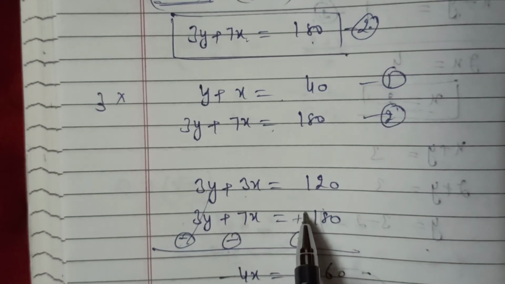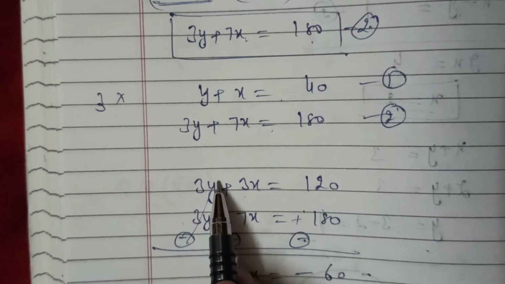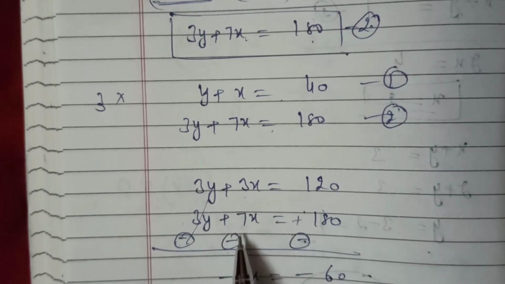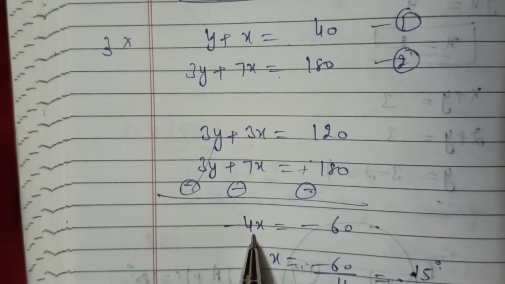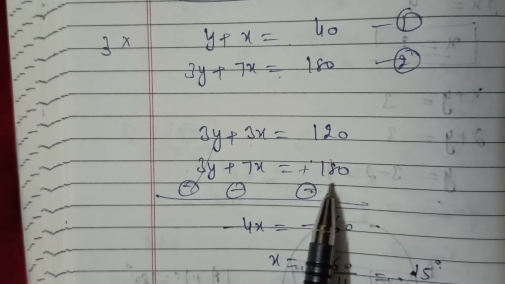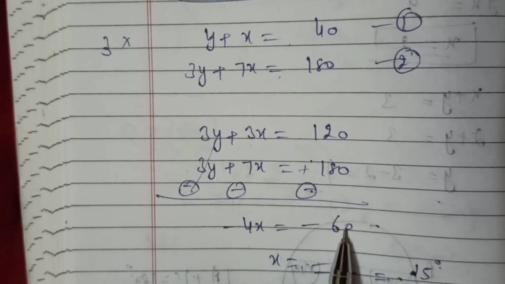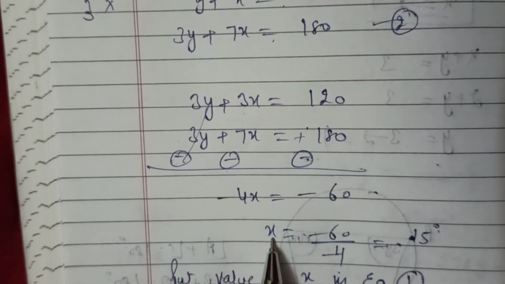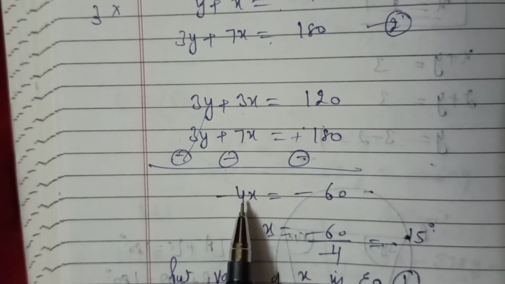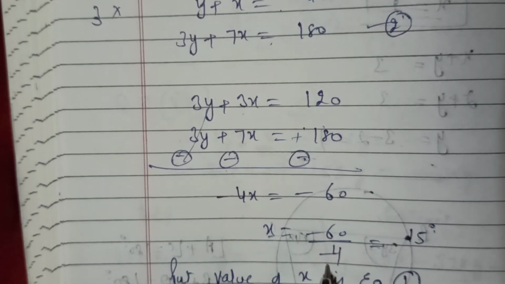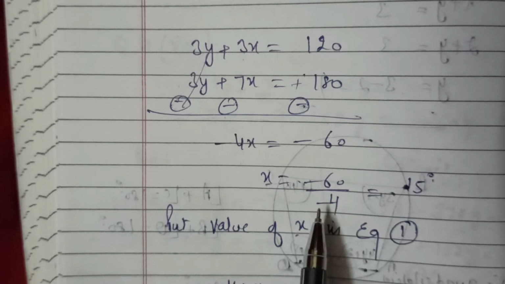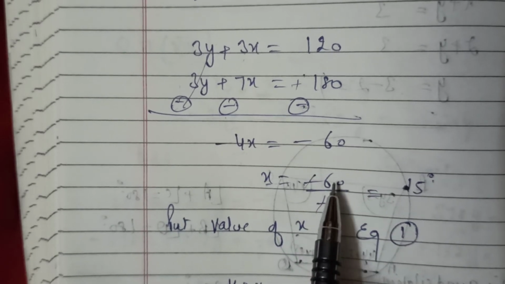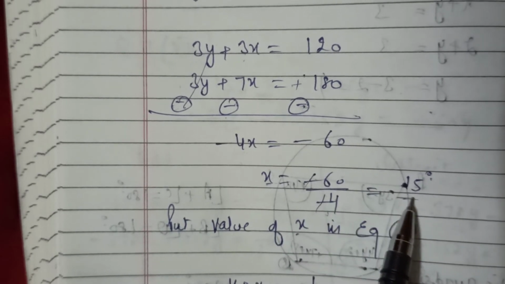This will cut. Plus 3 minus 7 minus 4x. Plus 120 minus 180 minus 60. So to bring the value of x, minus 4 will come down. Minus 60 upon minus 4. Minus minus cut. You will be getting 15.